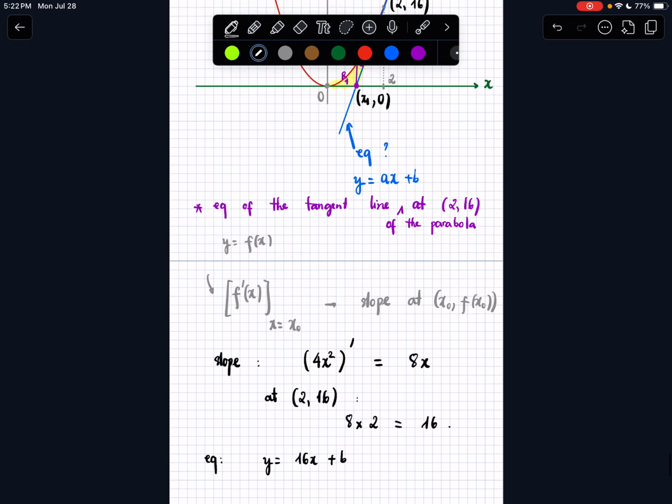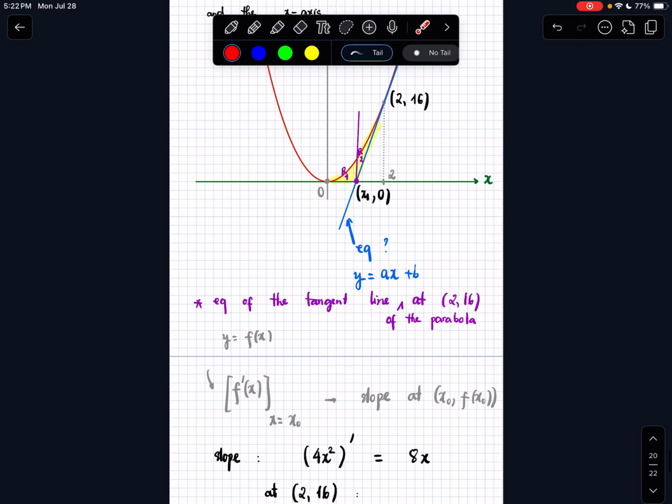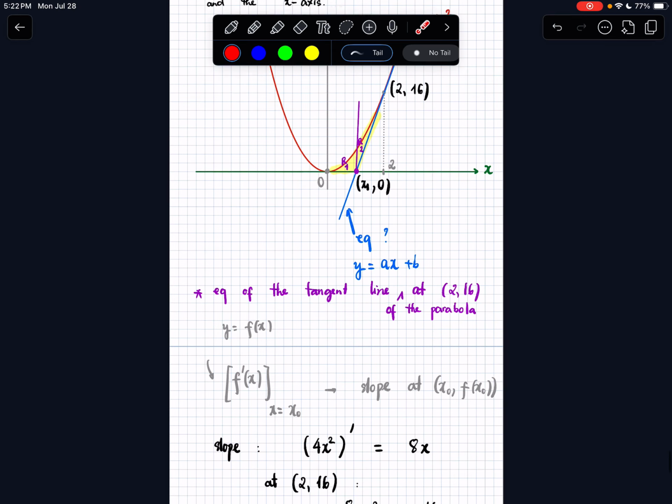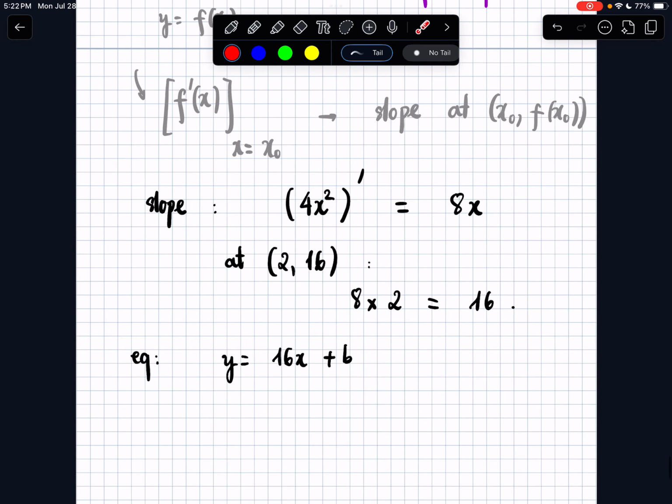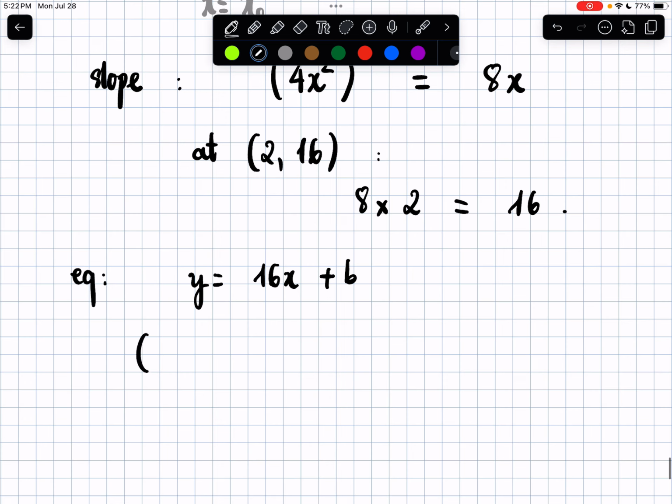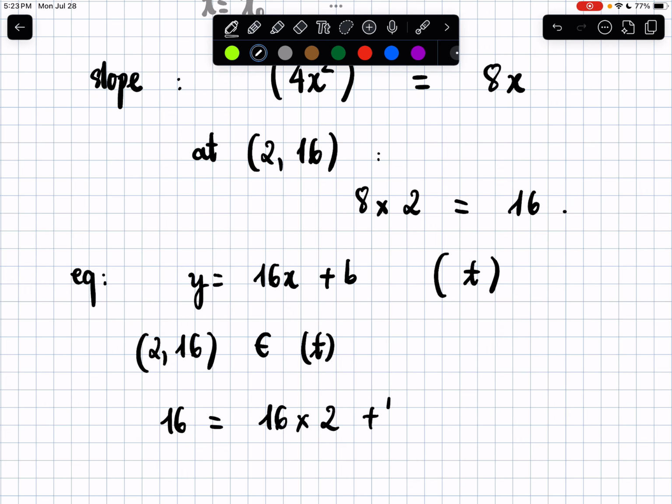Now to find b, we check the point (2, 16). It is on this tangent line, let me call it t. So we have 16 equals 16 times 2 plus b.